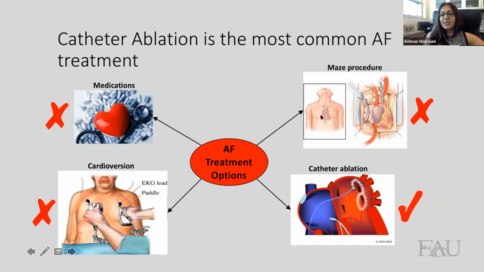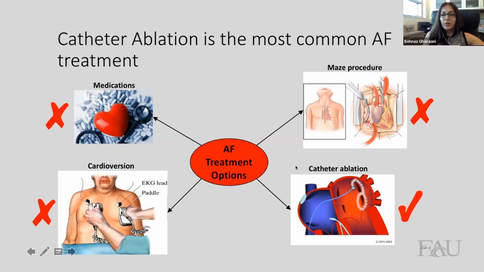One solution that's been very effective is the MACE procedure, which is basically an open heart surgery. They make cuts inside the atrium, and that interrupts the AFib from happening and returning again. But it's a very invasive process, and they don't perform it unless the person is going for open heart surgery for some other reason, not because of the AFib.